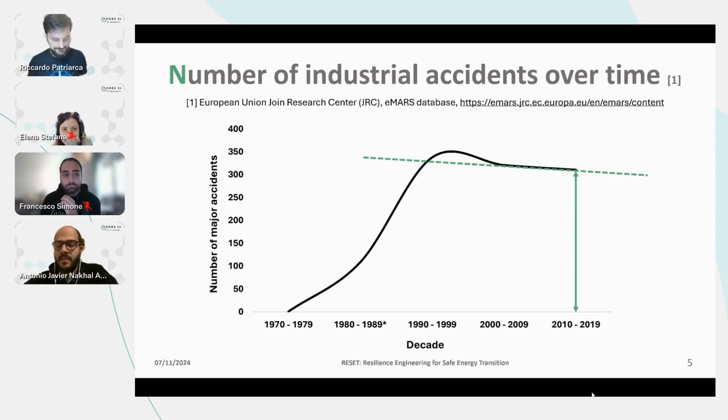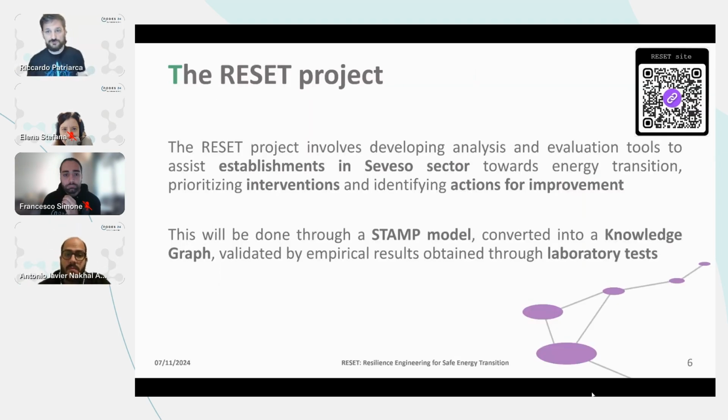So in the next slide, we're going to see what this project is about and what this pitch will be about. It's about looking at and developing tools for management in these high-risk plants to ensure that there are the right interventions at the right time for improving the level of safety and eventually reduce the number of accidents.